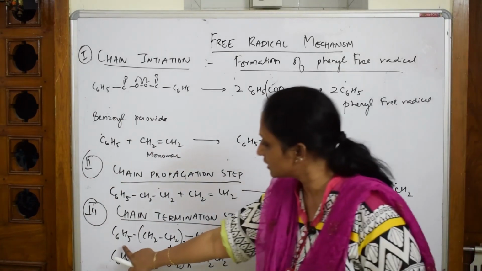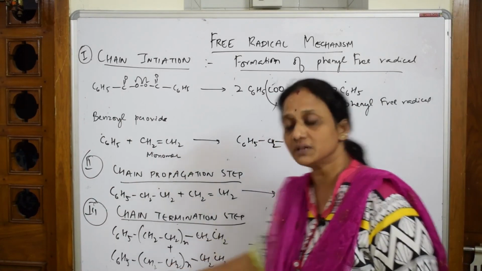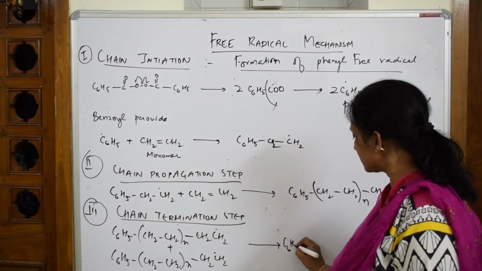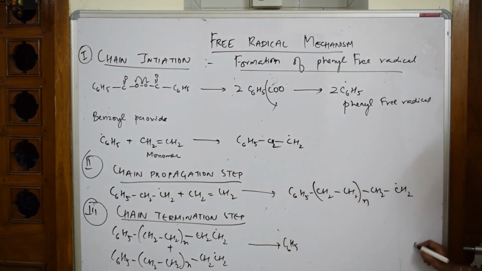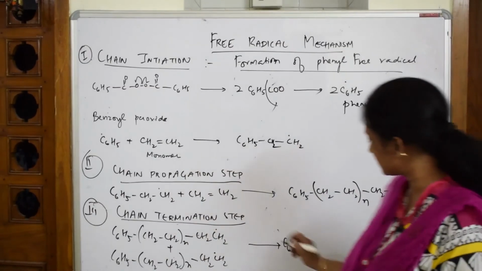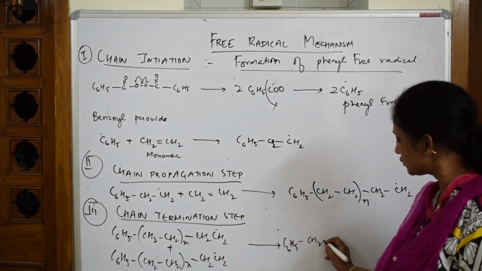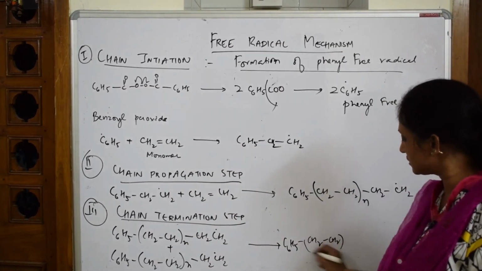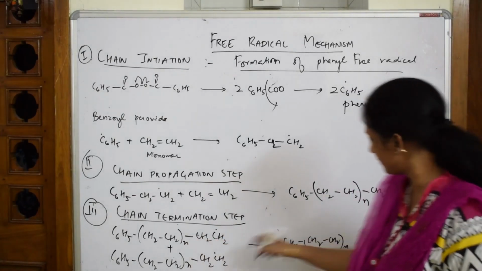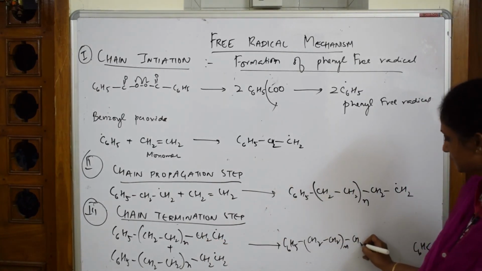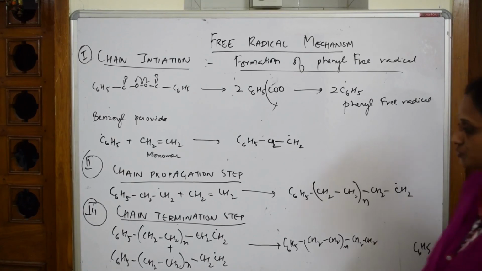How are they going to join? When you just start, this should be one terminal, this should be one terminal. So write down C6H5 and one more terminal, C6H5. In between these, join them, CH2, CH2 terminal, then come here. So this becomes CH2 joined with one more CH2.